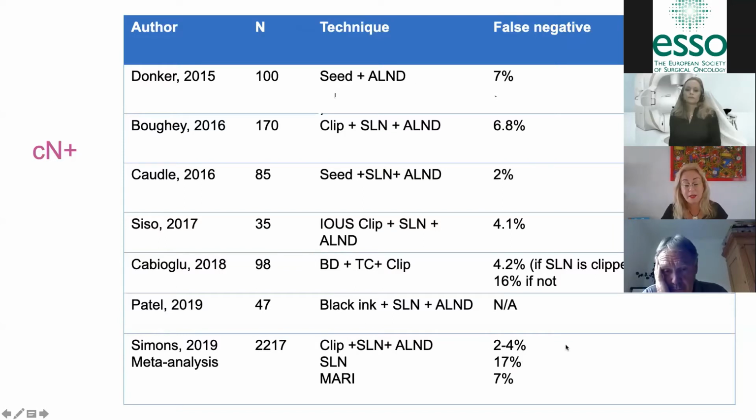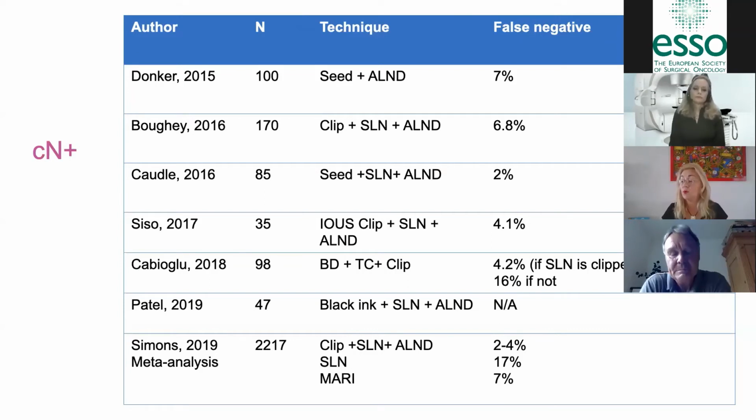So it has been clear that this way of performing the de-escalation in the axillary surgery after neoadjuvant treatment in patients with clinically positive axilla yields a very low rate of false negative. Does this mean that everybody needs to place a clip?